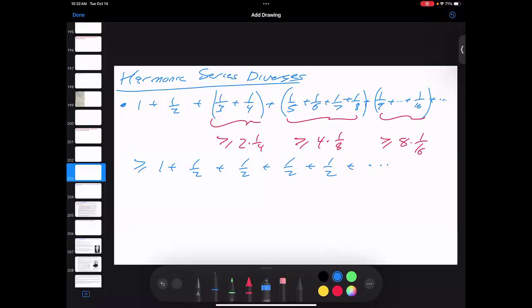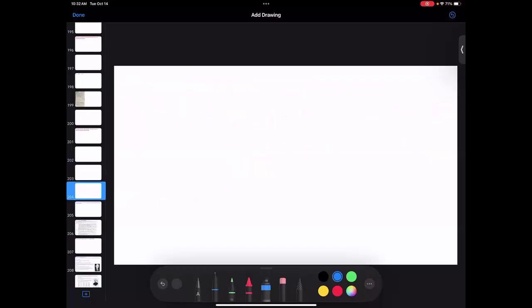So this is one way to show that it diverges. Another way to show it diverges is you could write the harmonic sum as the evens plus the odds. Which do you think is larger? Let's do this on a new page. So H will be the sum of 1 over n.